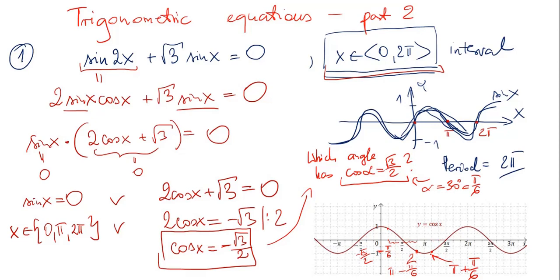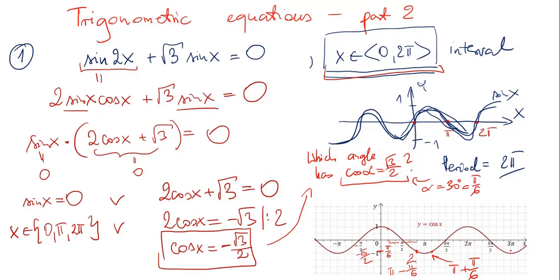I mean, the answers that I have in the book are a bit different because they subtract and add pi over 3, which is a bit weird because it's pi over 6, right? I hope it's correct because now I'm a bit confused.